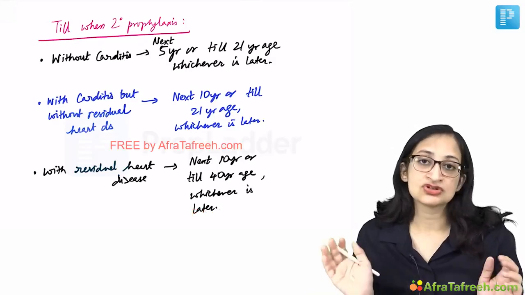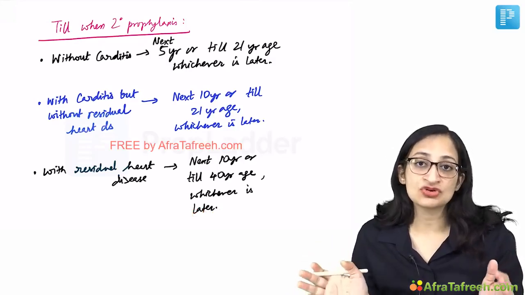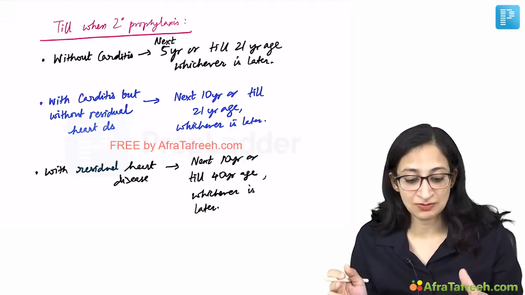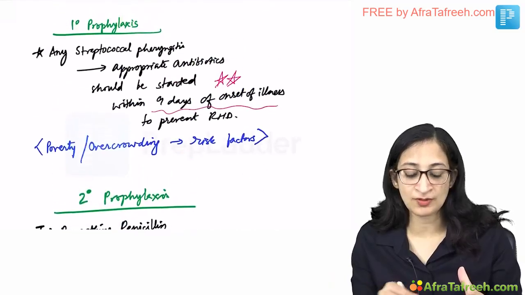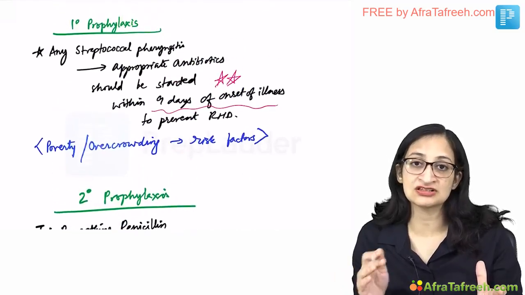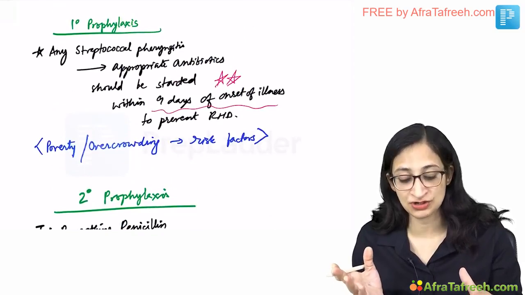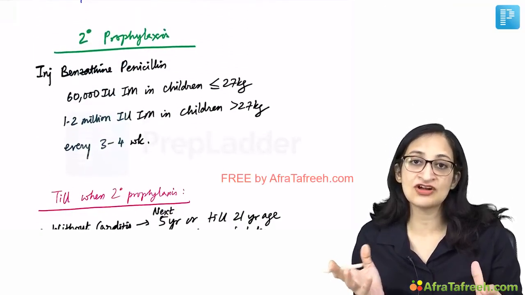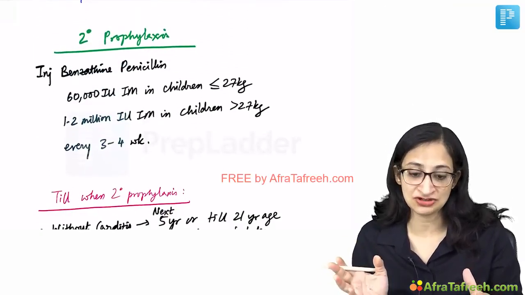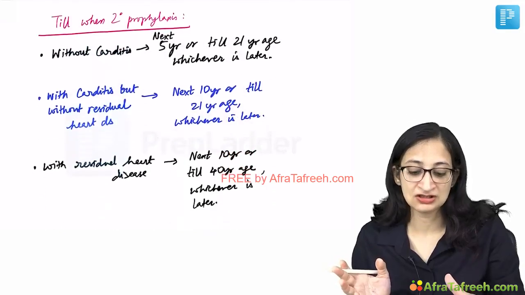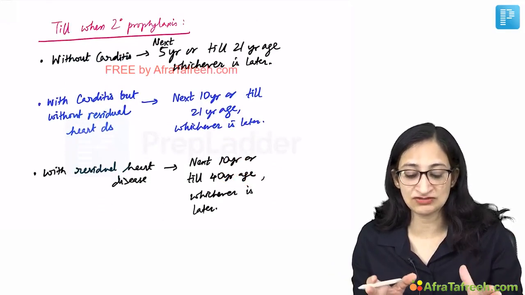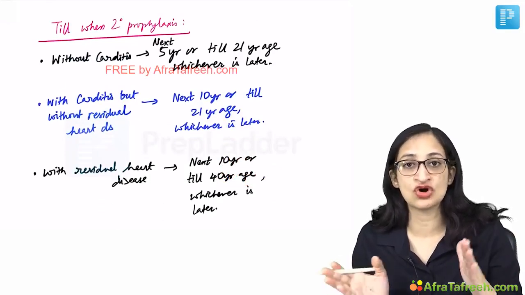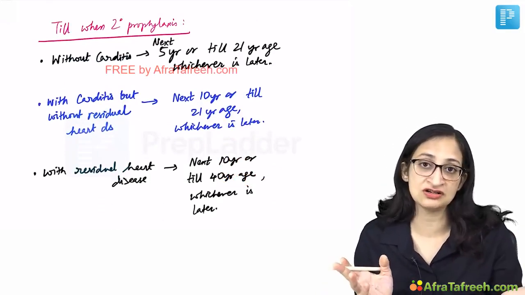So we saw the treatment. Primary prophylaxis is the appropriate treatment of streptococcal pharyngitis and avoidance of overcrowding and poverty if possible. Secondary prophylaxis is with benzathine penicillin every 3 to 4 weeks. If the individual had no carditis to begin with, you give the prophylaxis for the next 5 years or till 21 years of age, whichever is later.